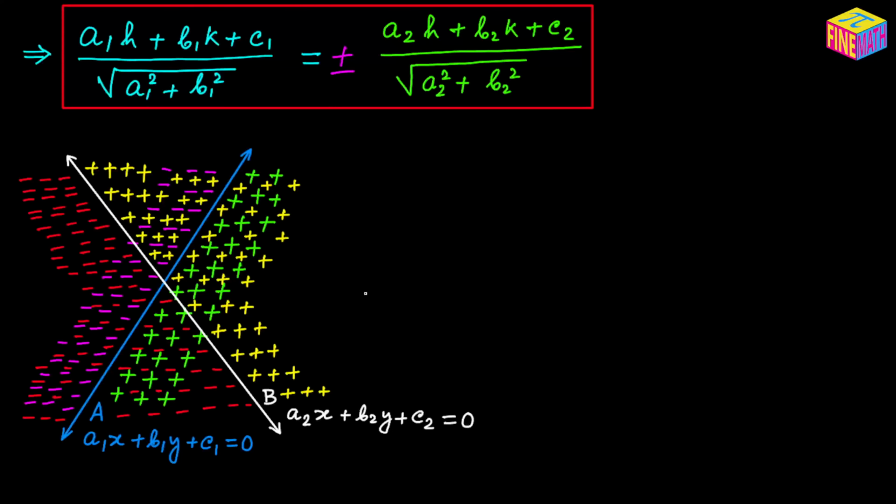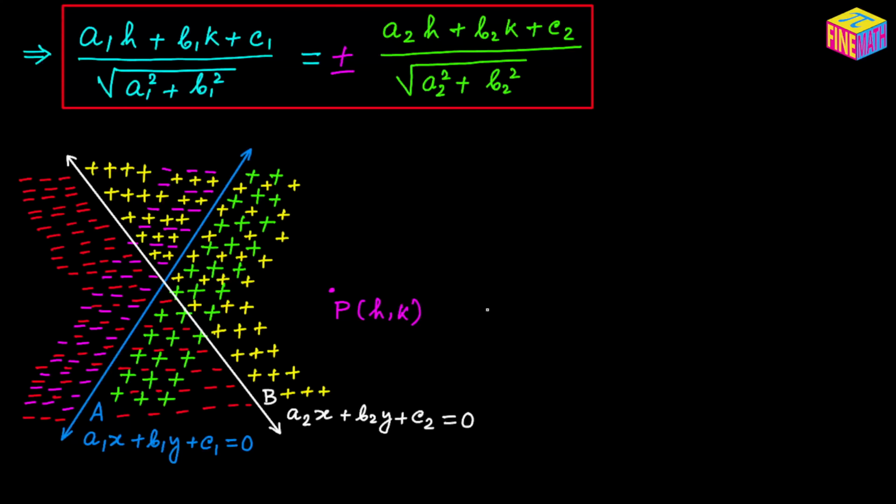Now let's assume that we have the point P right here. In that case, if we use the coordinates of P in the expression of the straight line A equation, then that will give us a positive value. I mean, if we use this in the left hand side expression of the straight line A equation, and what is the expression?